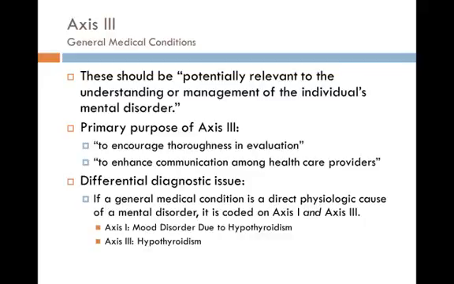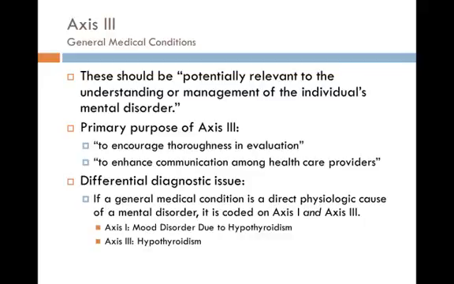Persons may have differential diagnostic issues. So if a general medical condition is a direct pathologic cause of a mental disorder, it is coded on Axis 1 and Axis 3. So the example here is you might have an Axis 1 mood disorder due to hypothyroidism.